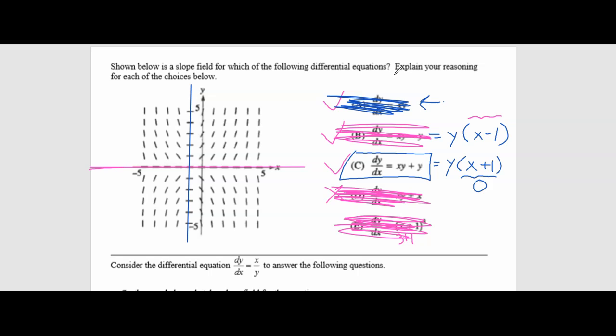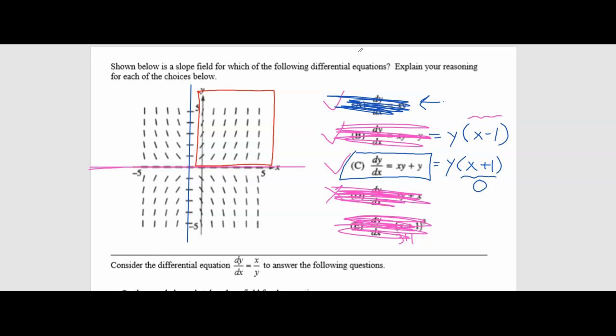Other things that you could check, right? Let's say that we still couldn't narrow it down to just one based on where the slopes of 0 were. You could then check for where the slopes are supposed to be positive. So you could look at, like, let's say this quadrant right here. Well, in the first quadrant, the slope field is always positive.